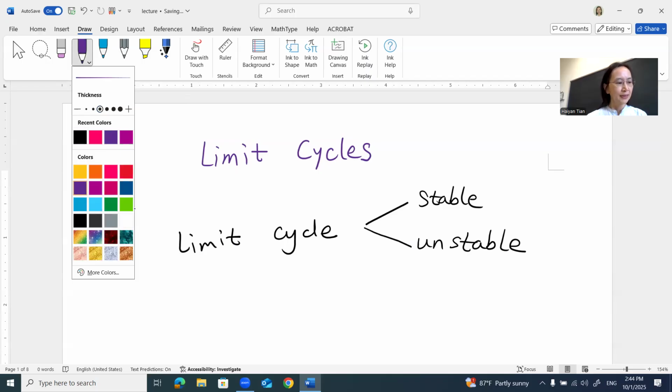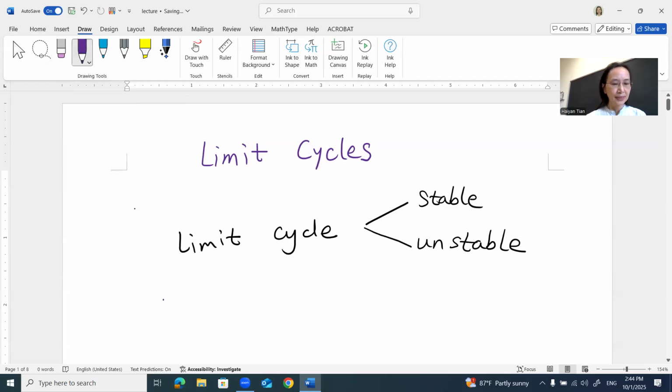So here is a system of two equations. Let's assume we have the derivative of x, which is some expression of x and y.